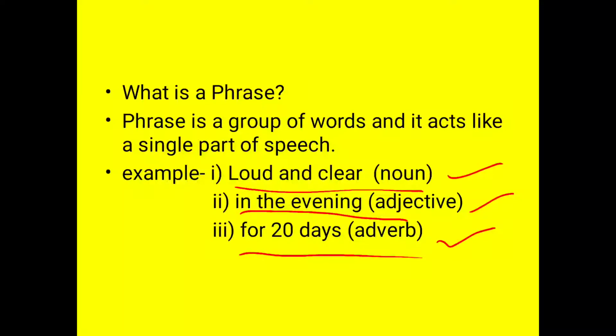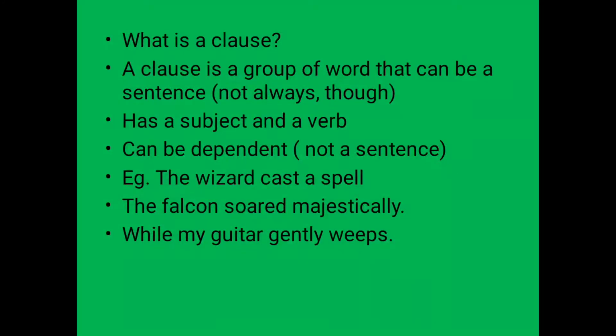Meanwhile, we have a clause. A clause is a group of words that can be a sentence, but it is not always a sentence. The difference between phrases and clauses is that clauses do have both a subject and a verb. It can't be a phrase, because a phrase is just one part of speech, but a clause always has a noun or pronoun component and a verb component.